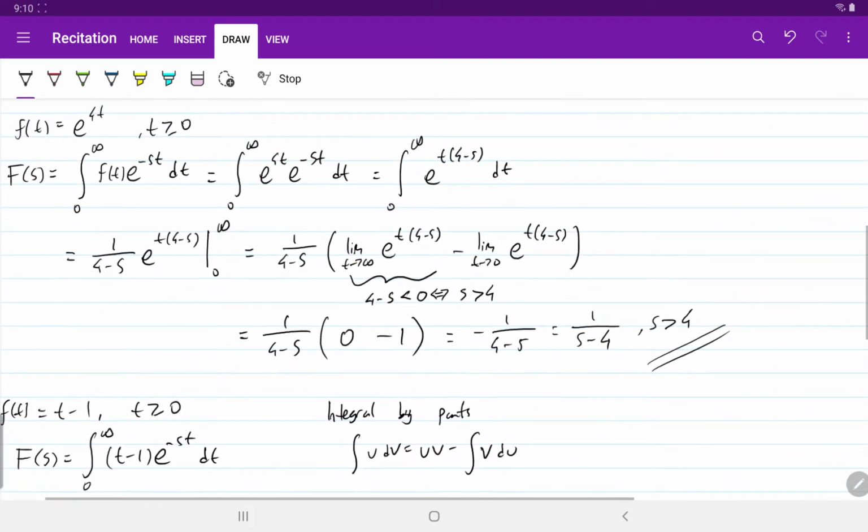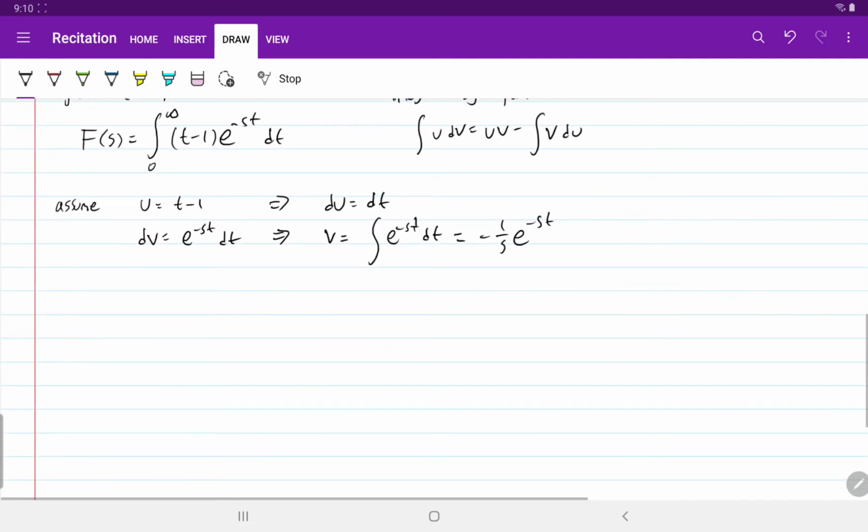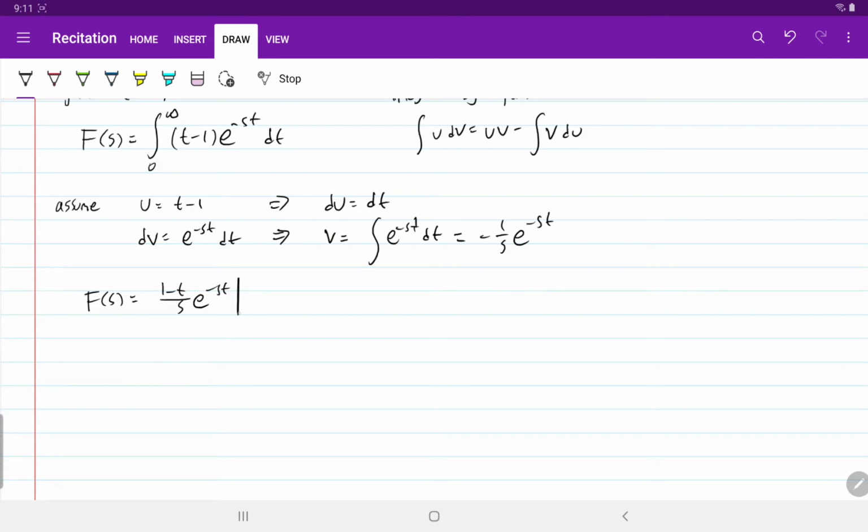So what is du? Du is dt, and v is the integral of this, right? So the integral of e to the minus st dt, you have minus 1 over s e to the power minus st. So let's apply integration by parts. If F of s is uv, so minus (t minus 1) over s e to the power minus st from 0 to infinity, minus the integral of v du.